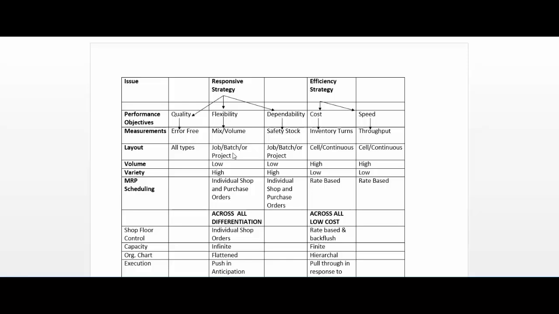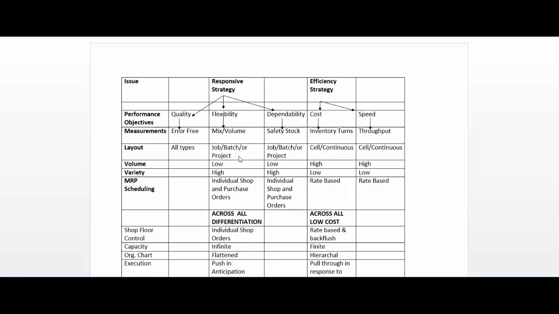Where responsive, things tend to be more job or batch or move through in batches. I don't necessarily have the volumes, but I have lots of variety. So that's why you see typically in a responsive strategy, I'm dealing with changes in mix and volume, so I'm dealing with low volumes and high variety because the customer is saying, hey, I want you to be flexible on what you make for me.